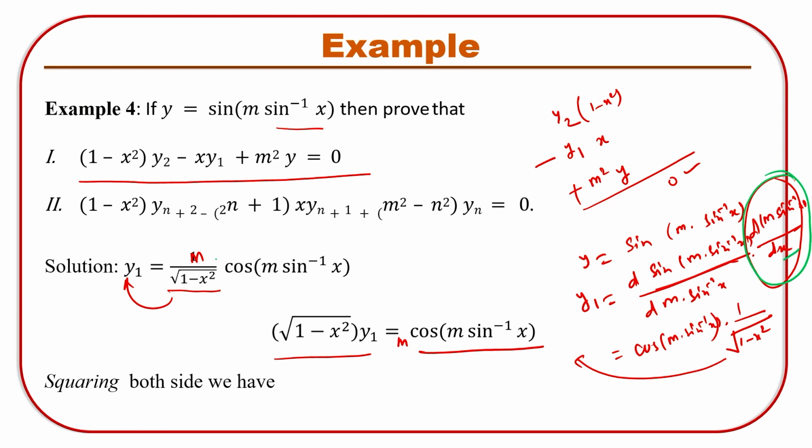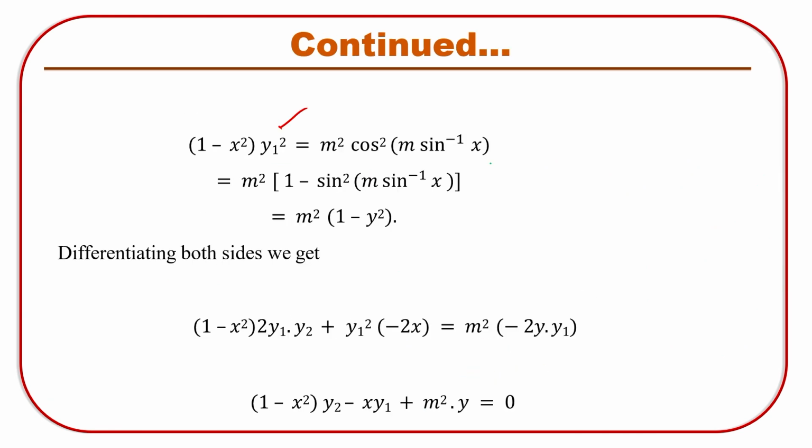That will give you m divided by square root of 1 minus x square into cos of m into sin inverse of x. That is the way. So this comes out to be m cos(m sin inverse x), and squaring both sides leads to y1 square into (1 minus x square) is equal to m square cos square(m sin inverse of x). That is the expression we had here.